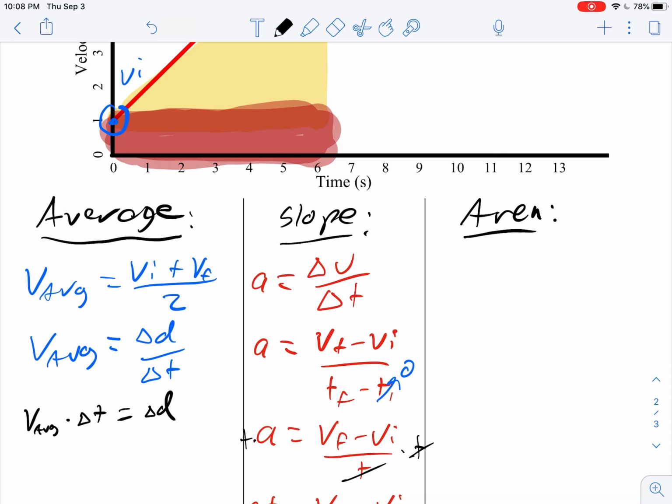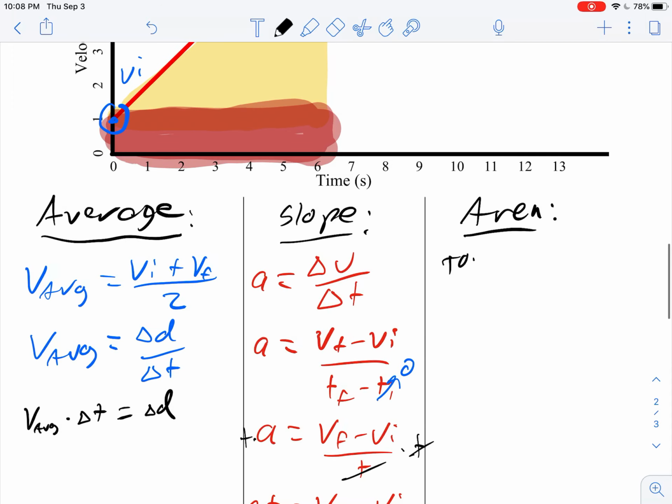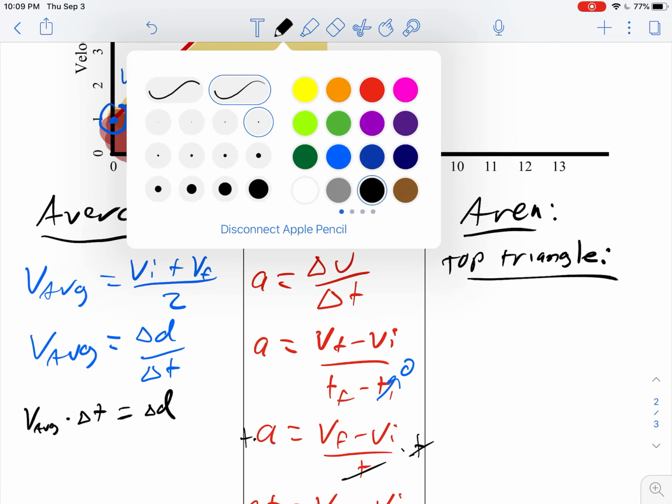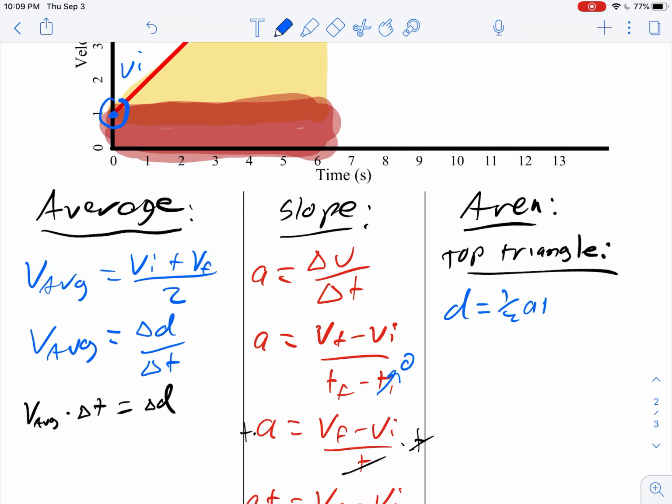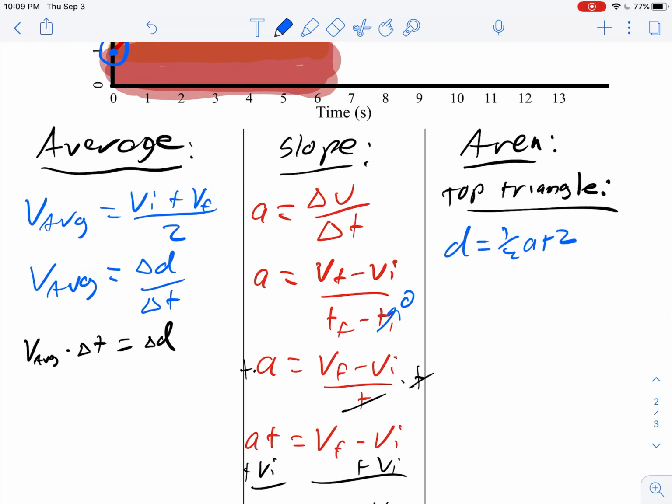All right, so for the top triangle, I'm just going to use that little derivation that I did on the previous graph because it's still valid. It's still just equivalent to this 1/2 AT squared.